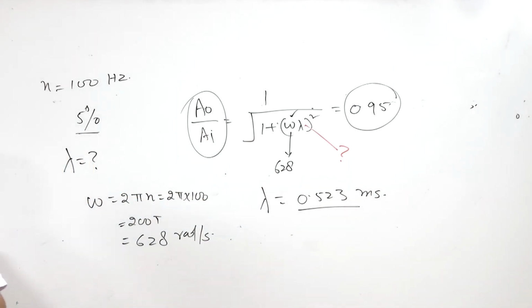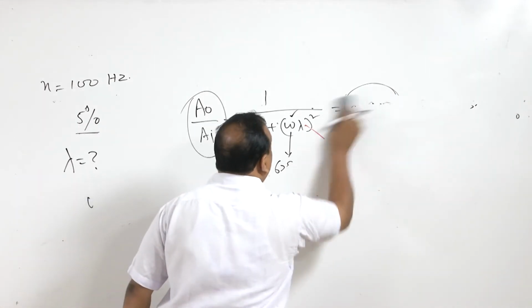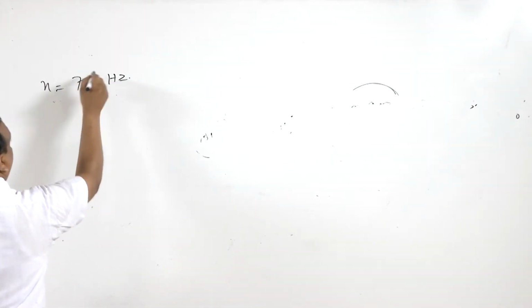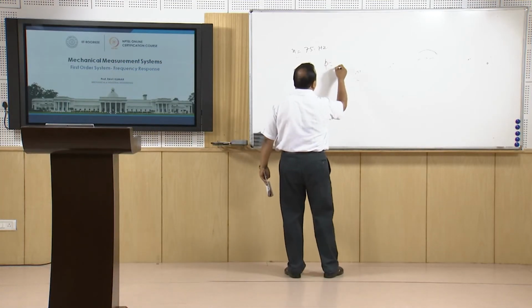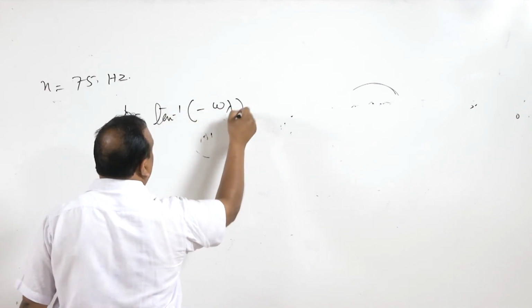Now the phase angle. Here the phase shift is required when the frequency is 75 hertz, as per the statement of the problem. So when the input frequency is 75 hertz, we can calculate the phase as tan inverse of minus omega lambda.